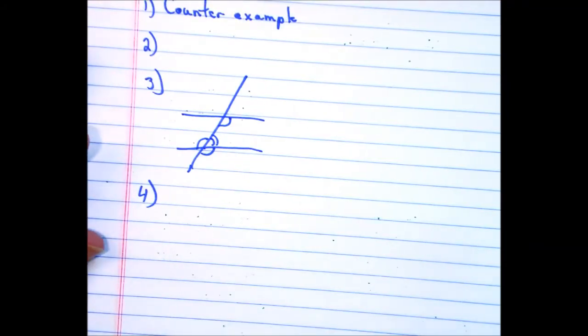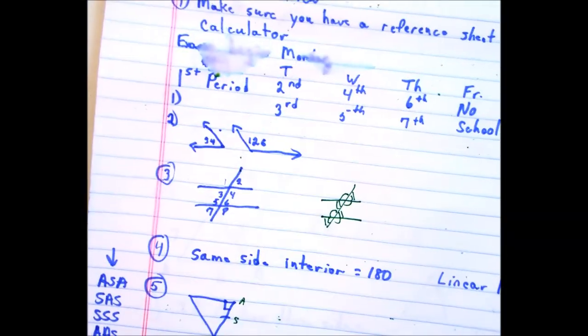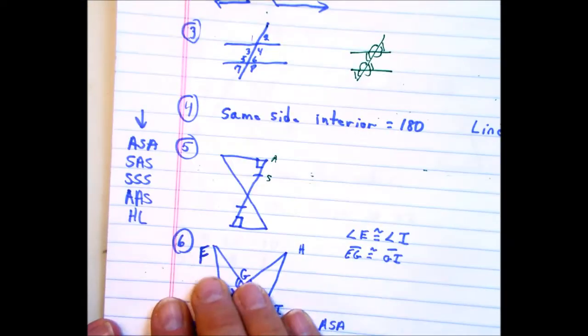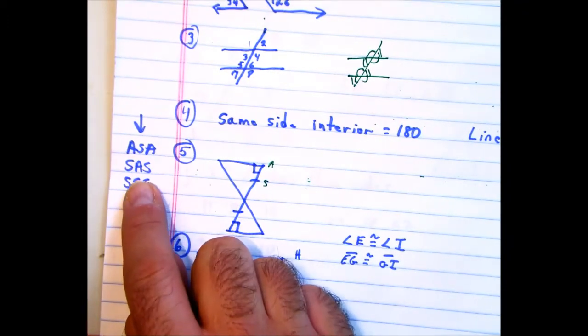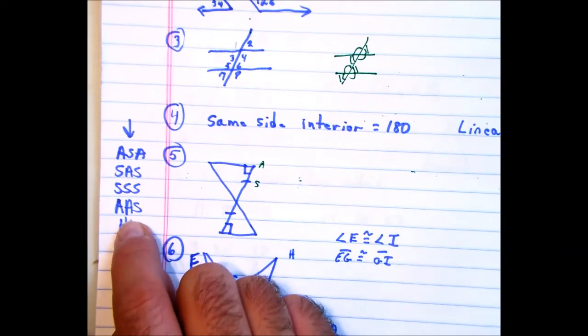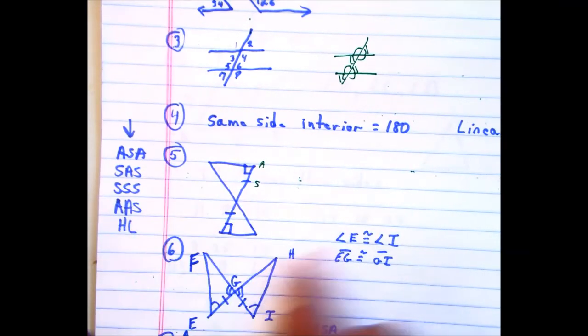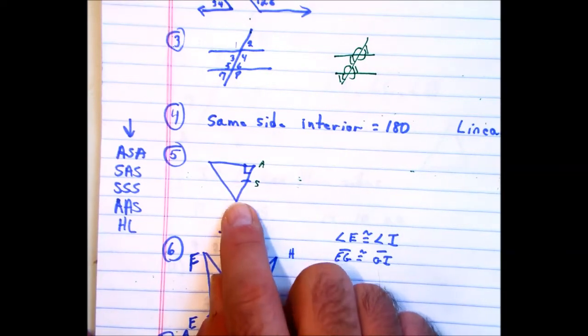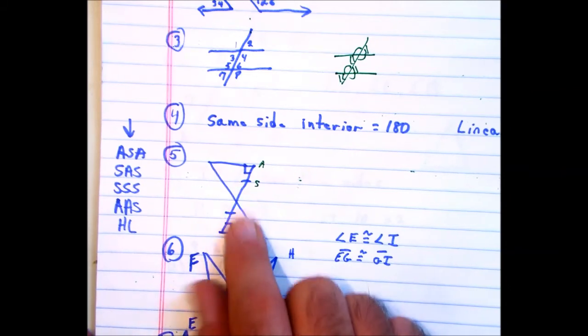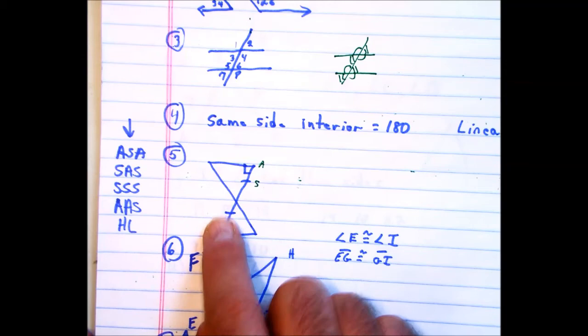Problem number 5. Why are triangles congruent? Triangles are congruent by one of 4 ways, or 5 ways. You have angle, side, angle; side, side, side; angle, side; and hypotenuse leg. In this case, this is the bow tie, and you know you're supposed to have vertical angles. So these two triangles will be congruent due to angle, side, angle.